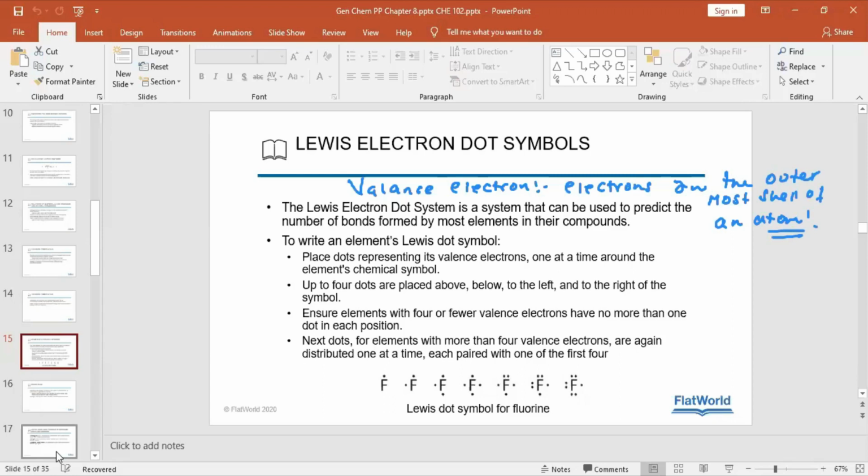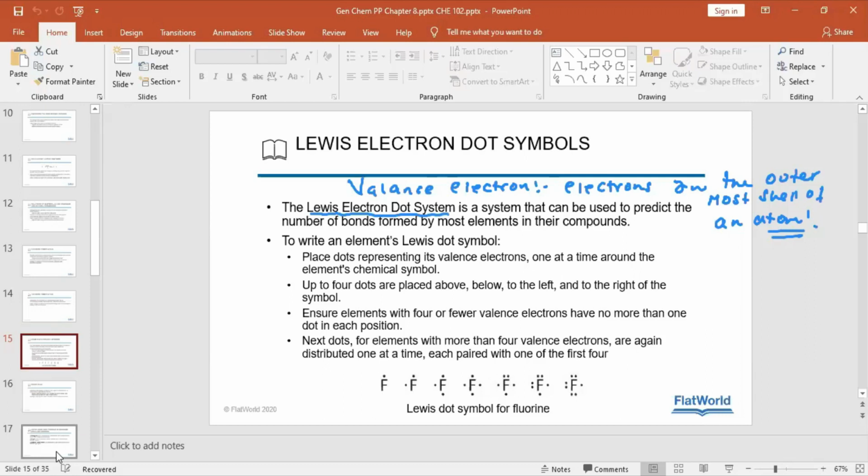We begin with the Lewis electron dot system. The Lewis electron dot system is a system that can be used to predict the number of bonds formed by most elements in their compounds.